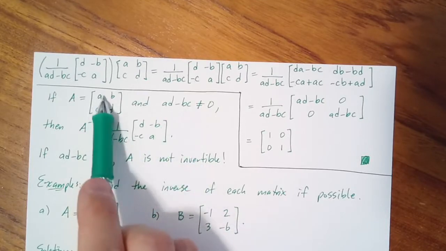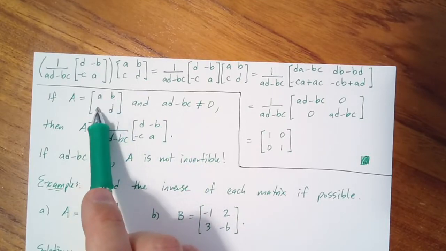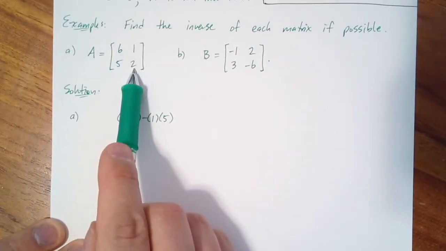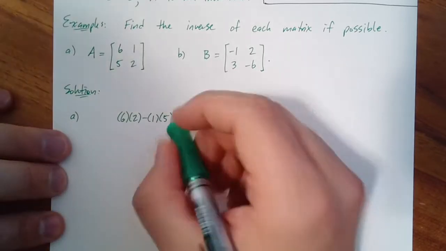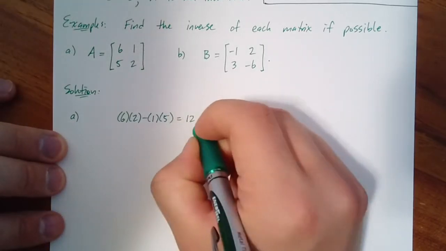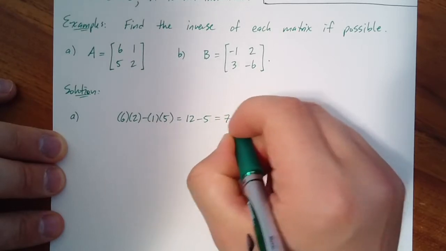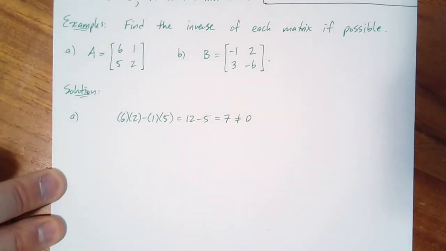I'm multiplying the two entries on the main diagonal, then I subtract the product of the other two entries. That's exactly what's written here. 6 times 2 minus 1 times 5. Well, what is that? It's 12 minus 5 if you work out the products, and that's equal to 7, which is not equal to 0.